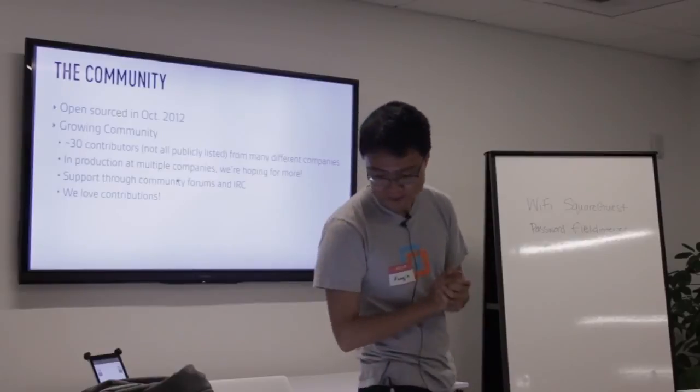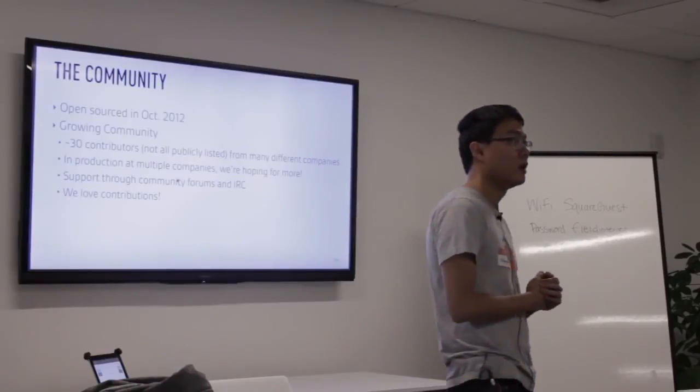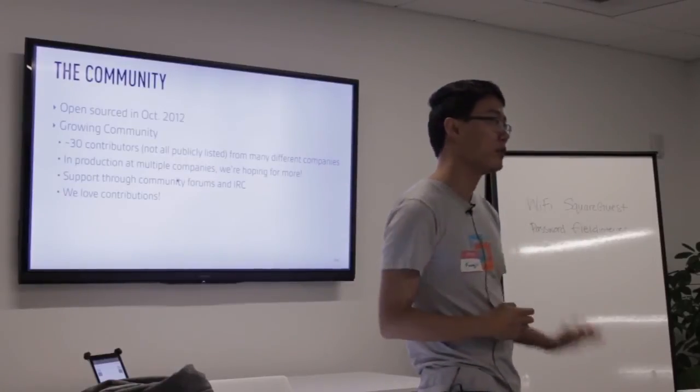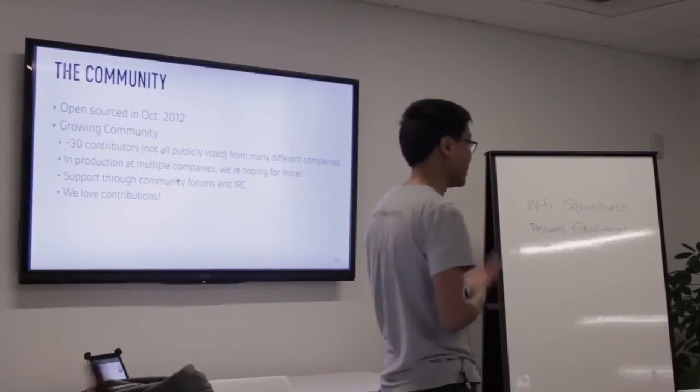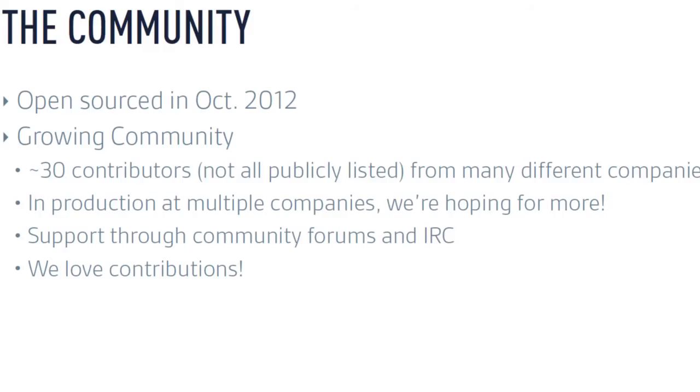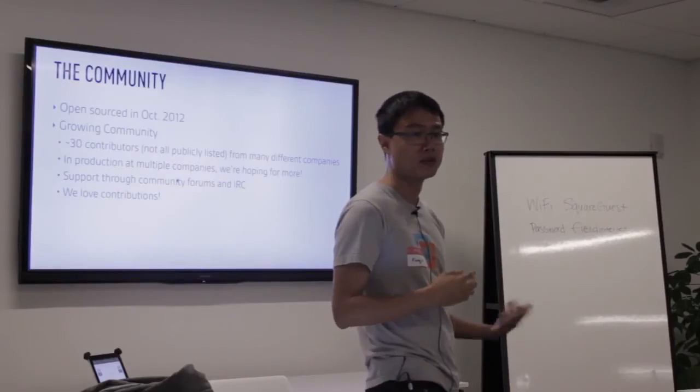In terms of the Druid community, we were open sourced in October of 2012, so almost exactly one year ago. We have a growing community right now. We have around 30 contributors. Not everyone is public right now, and they come from a variety of different companies. Druid is in production at several companies already.